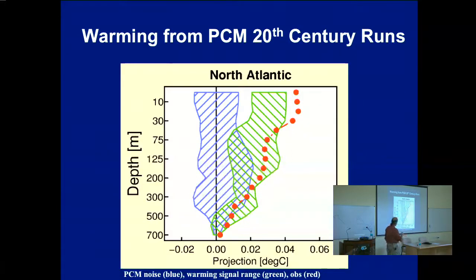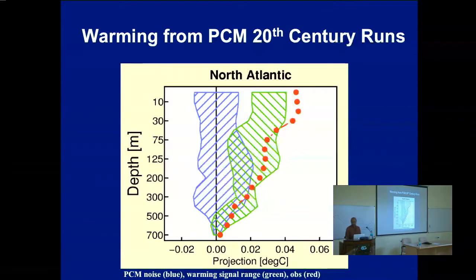But up here, there is a change. There is a clear separation of what's natural and what's anthropogenic. And my observed is better explained in that green hatched area than the blue hatched area. It's actually getting that form. So my model is telling me that this observation is due to anthropogenic forces.